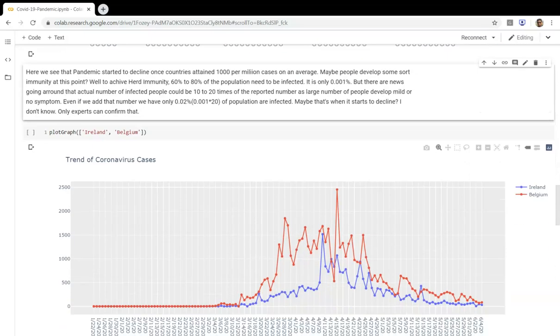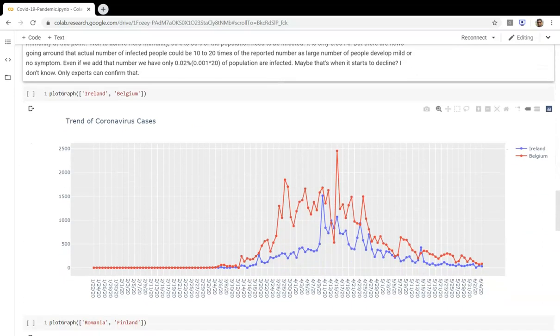When we see the data of Ireland and Belgium, their trend shows that it started to decline after almost 4000 for Belgium, and for Ireland it is also close to 3,400.